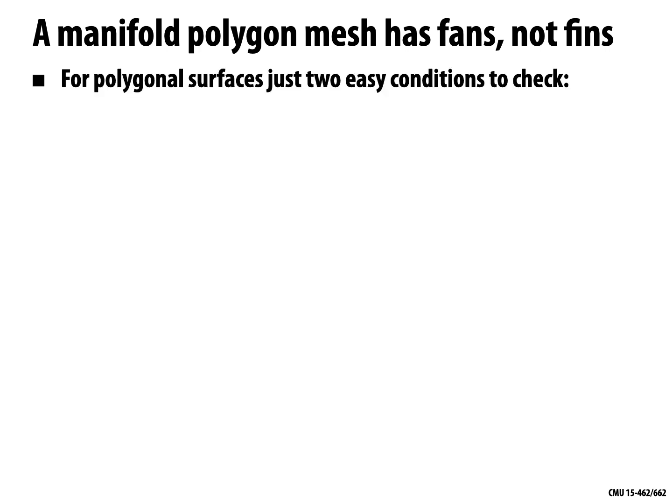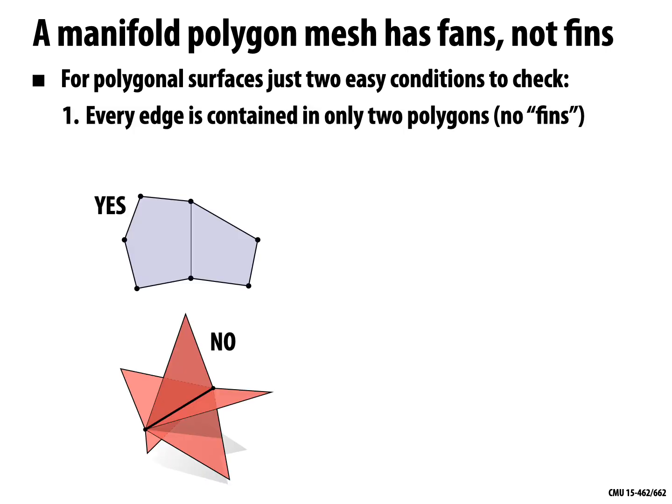For a polygon mesh, we can just check two really simple conditions. One is that every edge of our mesh is contained in only two polygons. So, for instance, I have these two blue polygons. Every interior edge, so this edge in the middle, is contained in two distinct polygons.